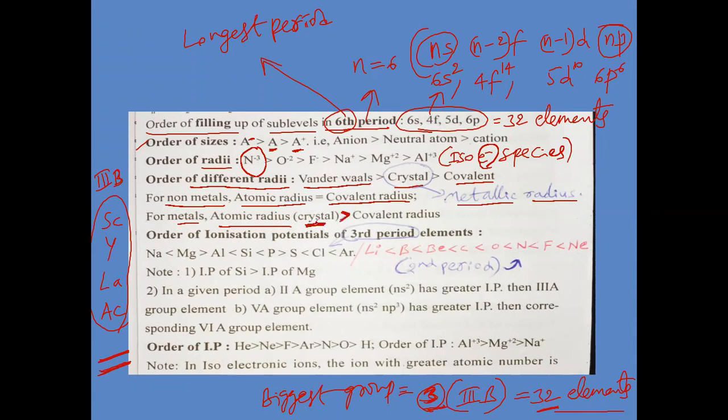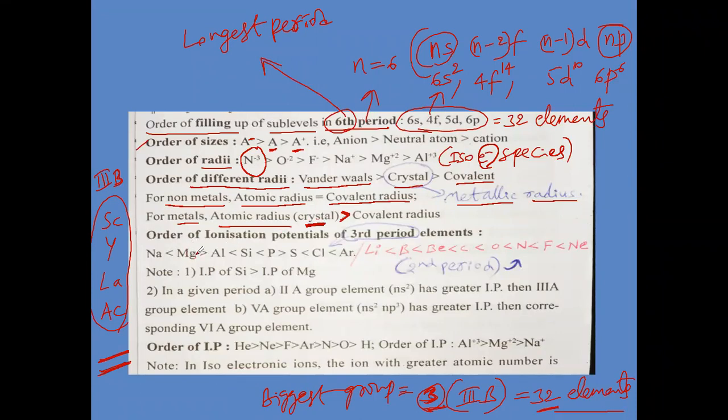Suppose they gave the atomic radius of calcium as X, the covalent radius will be less than X. If the metallic radius of calcium is given as 90 pm, then the covalent radius should be less than 90. Whatever value they give you, you have to take it.